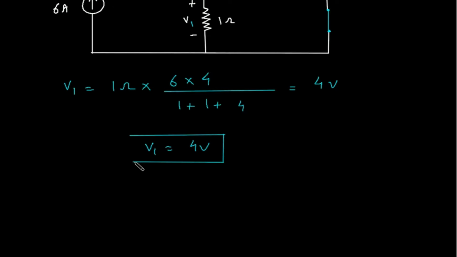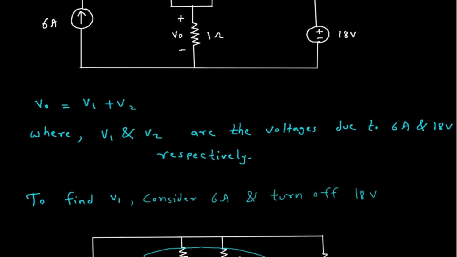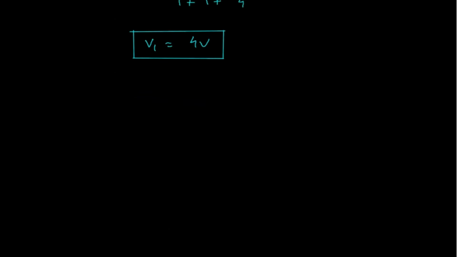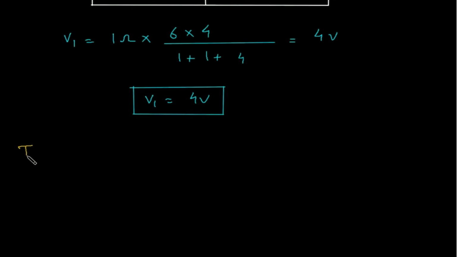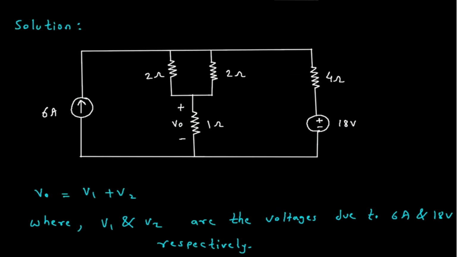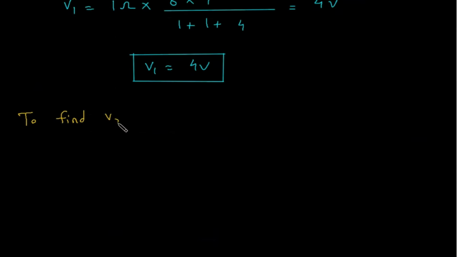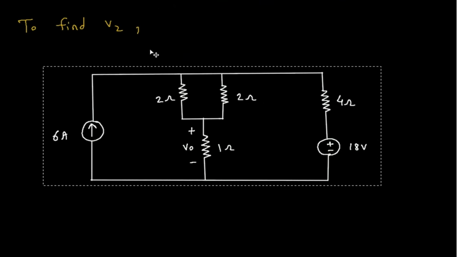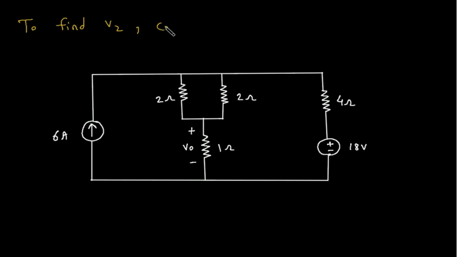Next we have to find V2. To find V2, we will consider 18 volt and turn off 6 ampere.